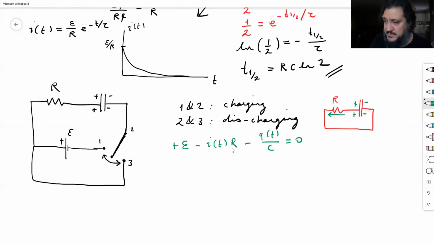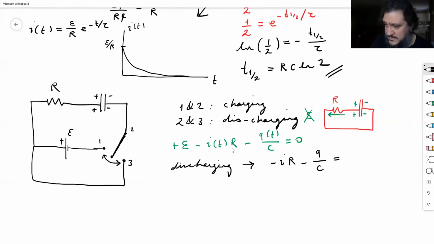But discharging means there's no E in the picture anymore. We get rid of that. So in the discharging phase, it is simply negative I R minus Q over C equals 0.